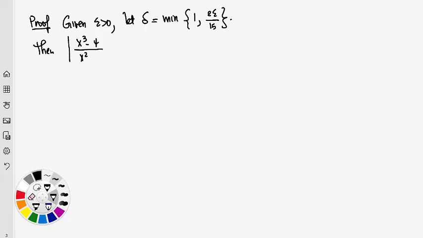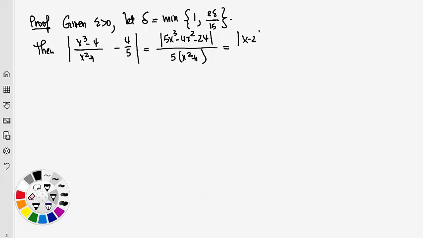this distance, which we've worked on previously, we've seen would be the absolute value of 5x cubed minus 4x squared minus 24, over 5 times x squared plus 1, and that's the absolute value of x minus 2 times the absolute value of 5x squared plus 6x plus 12, over 5x squared plus 1.